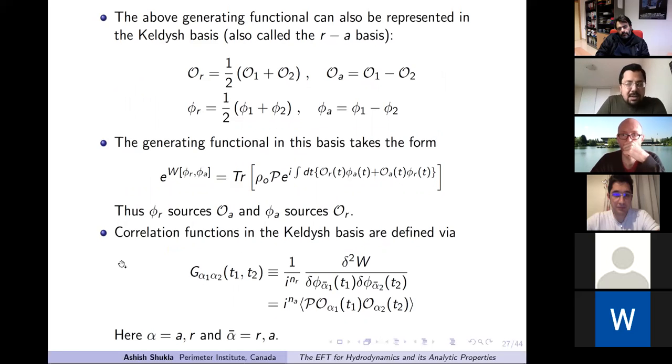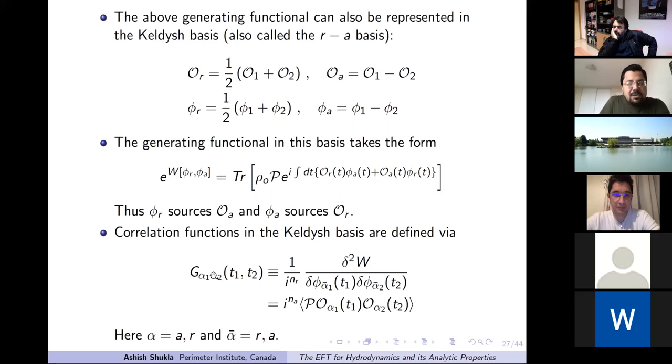All right. Now, what are the correlation functions in the Keldysh basis? Well, to compute correlation functions in the Keldysh basis, what we do is take derivatives of this generating functional with respect to the appropriate sources, as one would expect. So for example, if I want to compute the correlation function at times t1, t2 between operator insertions alpha 1, alpha 2, note here this alpha 1, alpha 2 are my A or R indices.